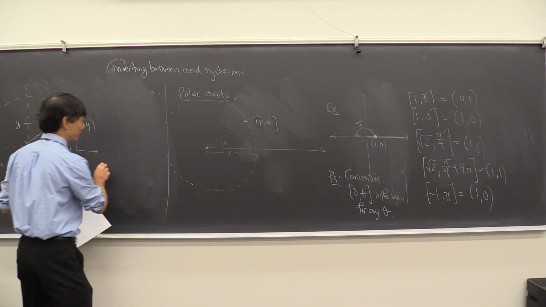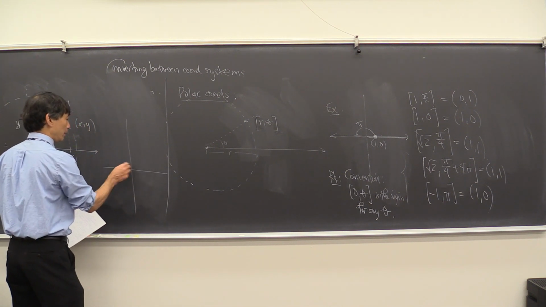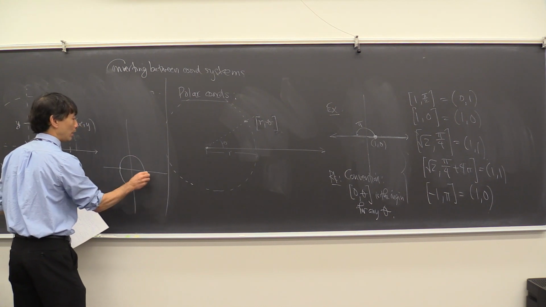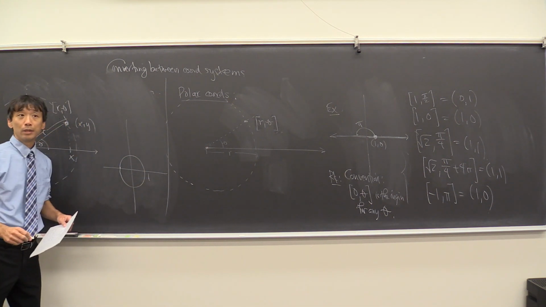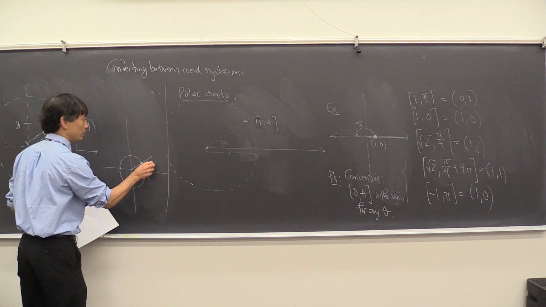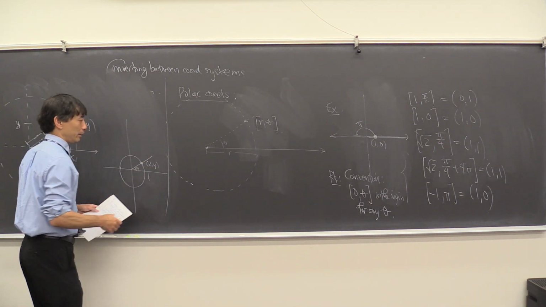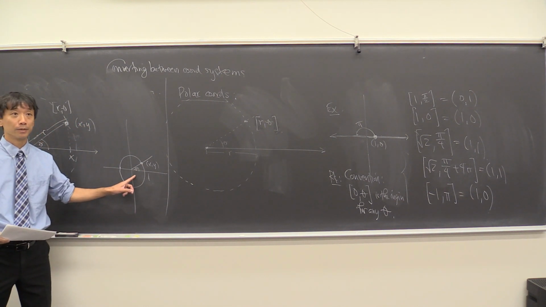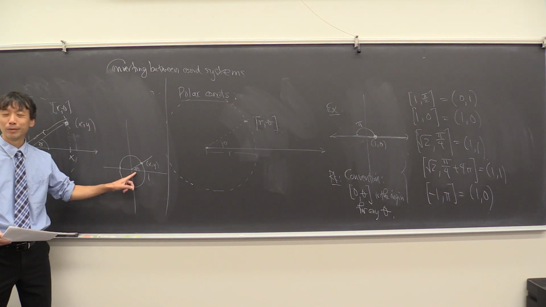Suppose we're on the unit circle. Suppose r is 1, and I have this point x, y, and I have this angle theta. What's the relation between x, y, and theta? This is the unit circle.